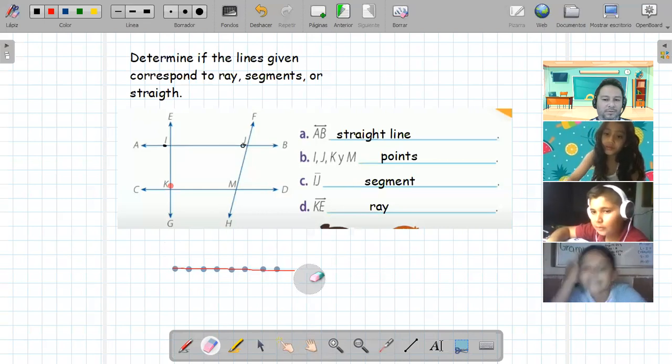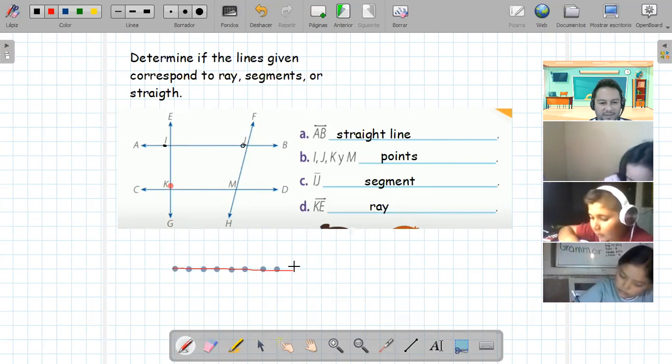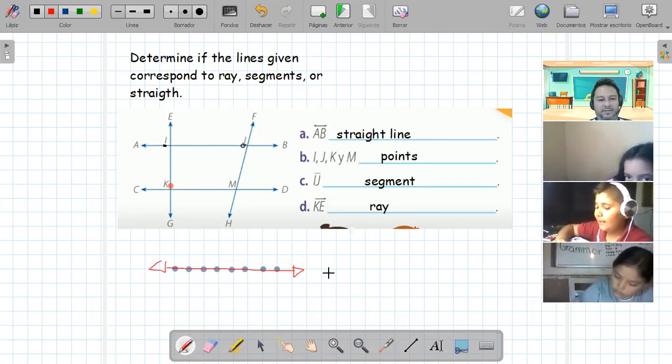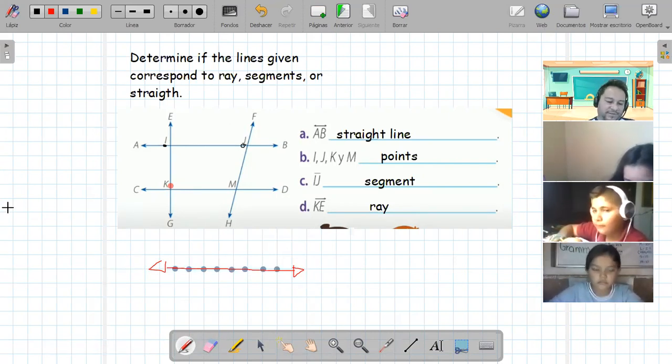That's a straight line, because if we make a straight line like this one, I don't have a beginning and I don't have an end. Okay, the third one.